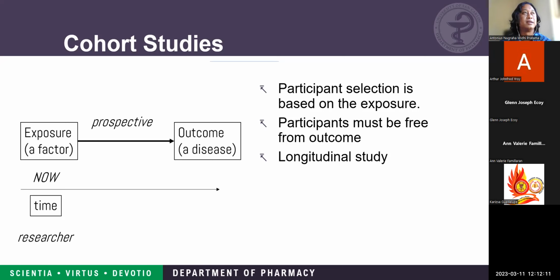How to say? From that study, we can establish a strong causal relationship between lung cancer and smoking habit, smoking behavior. That's what I want to say, actually.